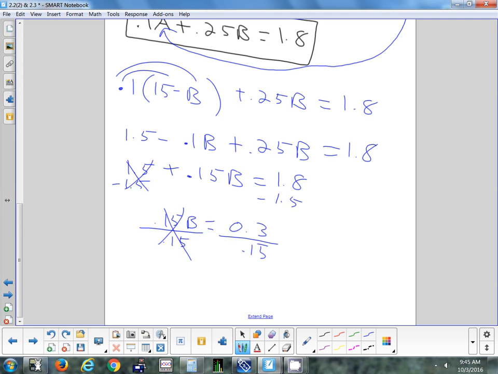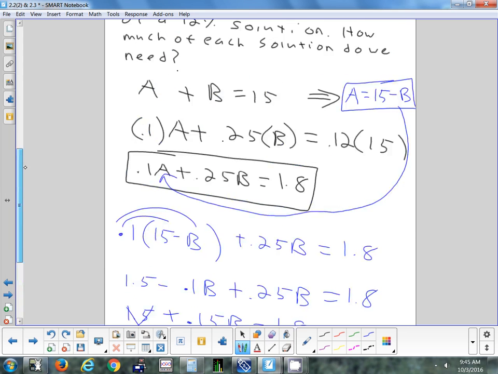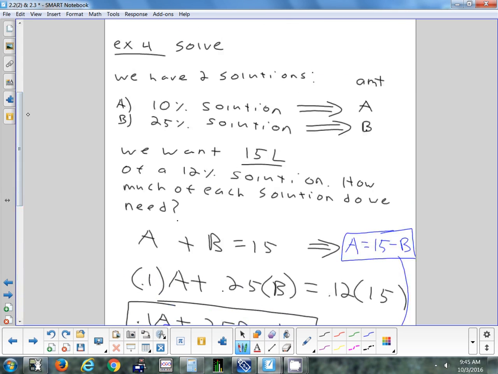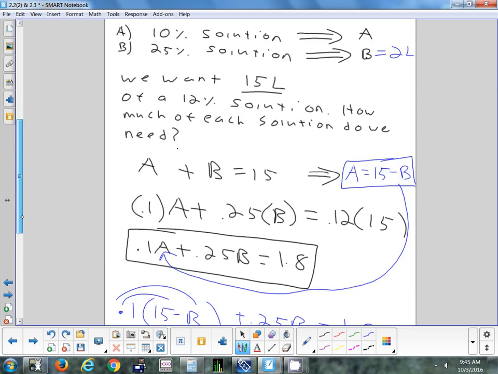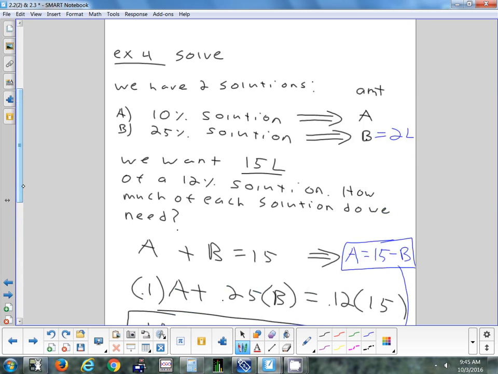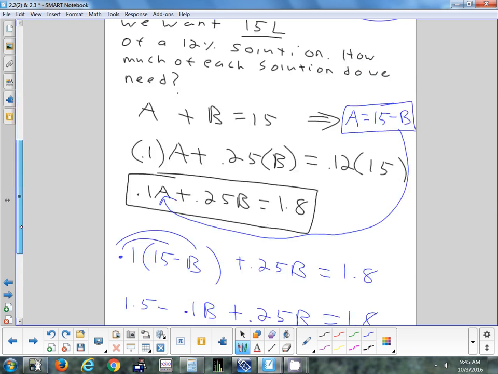Twice. 0.15 goes into 0.3 twice. So I'm going to go back up. I know B is 2 liters. So how much is A? 13. Yeah, it's going to add up to 15. So that comes out to 13.